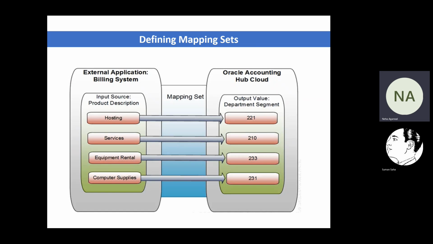And for equipment rental, it will identify it as 233 department segment, and for computer supplies it will pick your value as 231. This will help you to create the best suited or most significant accounting combination.